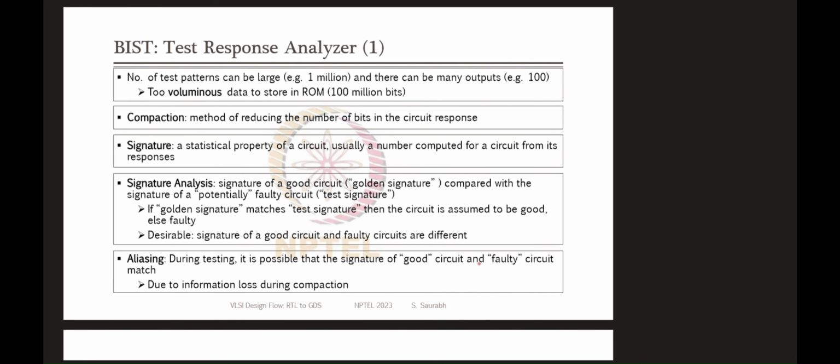It is not a good thing actually. Why? Because a faulty circuit should produce a different output than a good circuit. There should be a difference in the output. Only then are we able to detect whether the circuit is faulty or not. So aliasing should not happen. It's not a good thing. When the signatures of the good circuit and the faulty circuit match, this phenomenon is called aliasing.